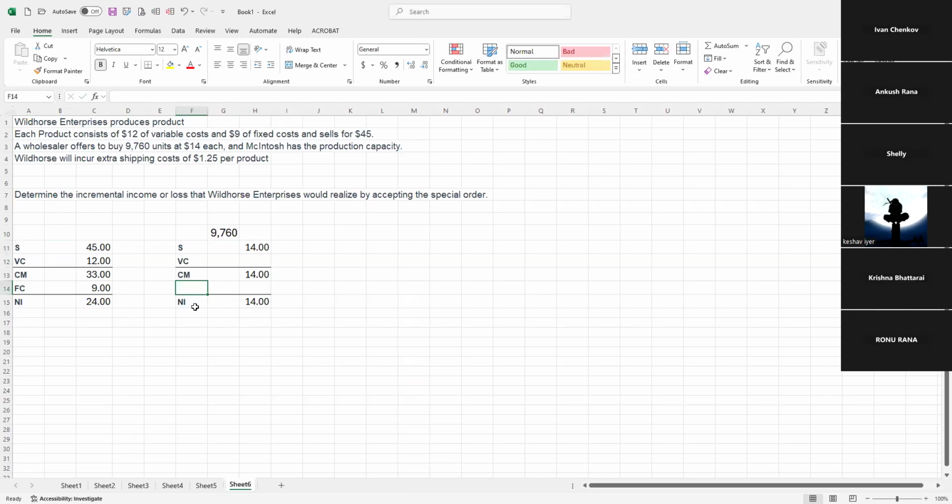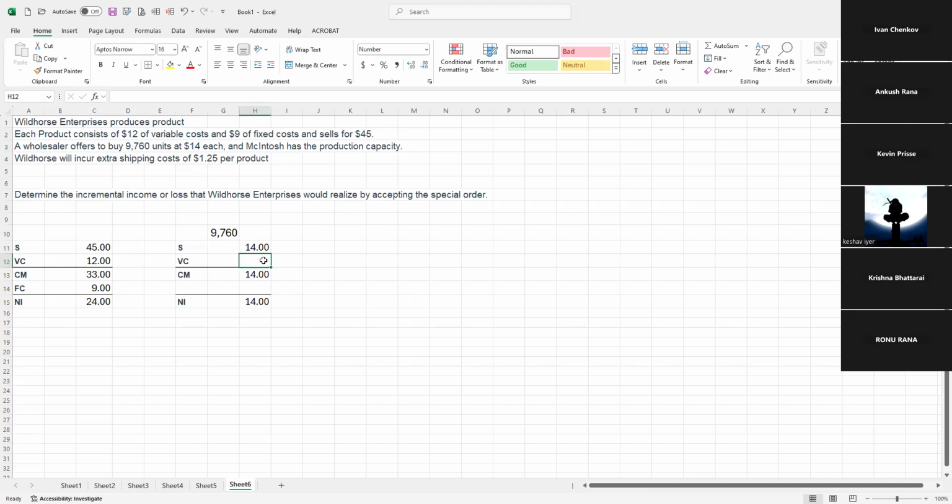If I have to produce those 9,760 units, am I gonna have a variable cost? Am I gonna have that cost per unit? Yes, the variable cost.